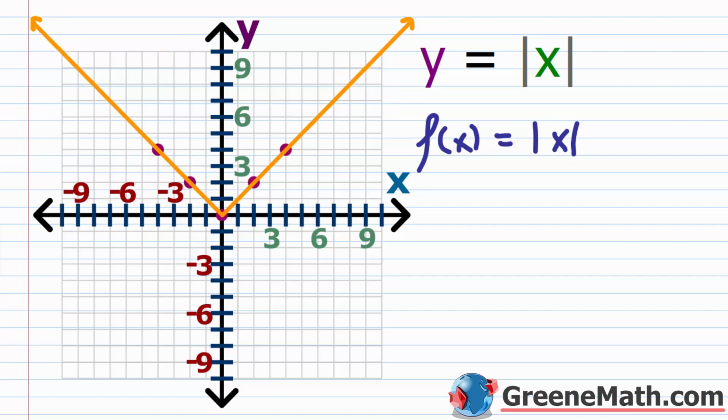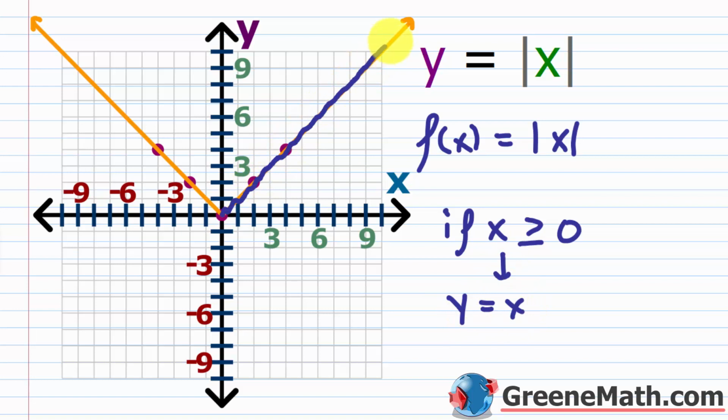If you think about what happens here, we can say that y really equals x if x is a non-negative number. So in other words, if I plug in an x that's greater than or equal to 0, well then y just equals x. That's this part of the graph right here. We saw this in the last lesson where we talked about y equals x. That's the identity function.